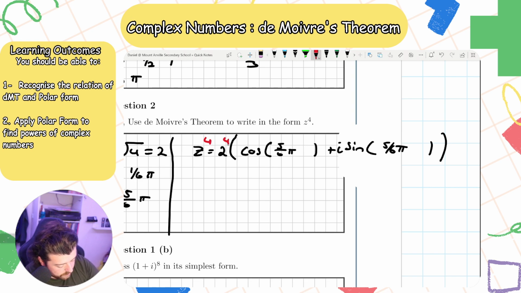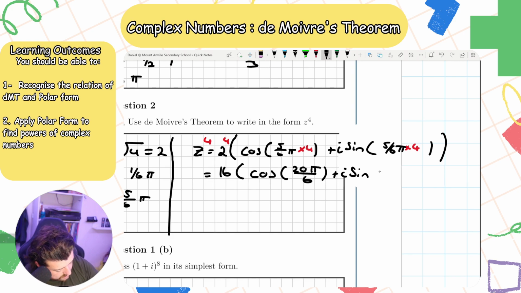So power of 4, bring the power to here, times my argument by 4. This is going to be 2 to the power of 4 is 16, times cosine 20 pi over 6 plus i sine 20 pi over 6.